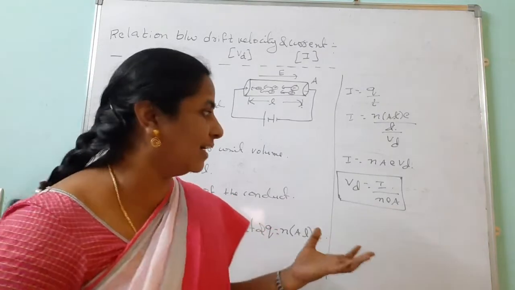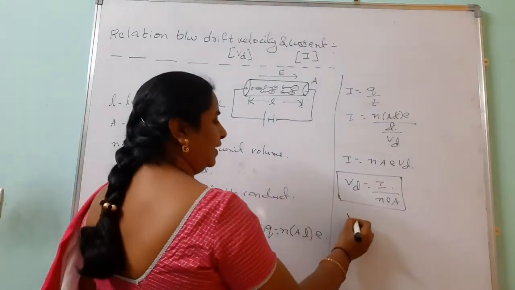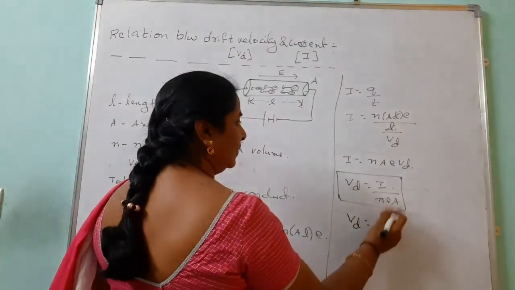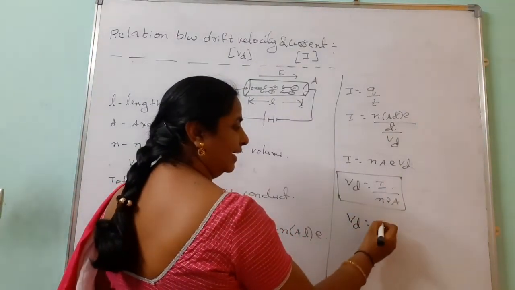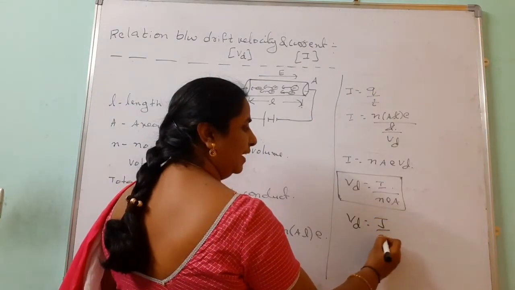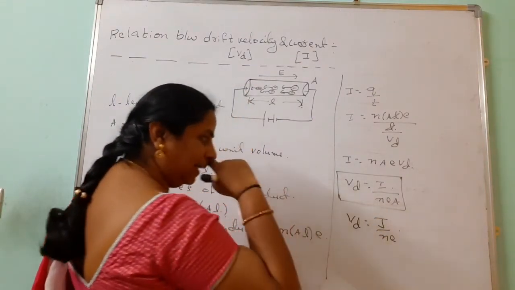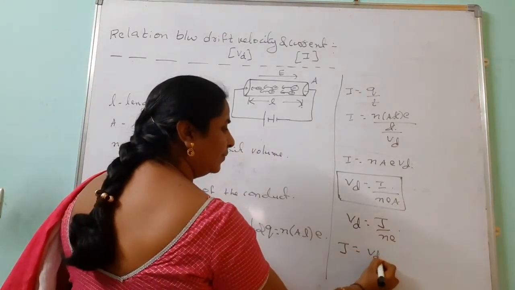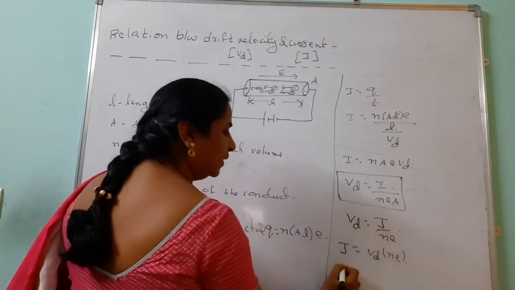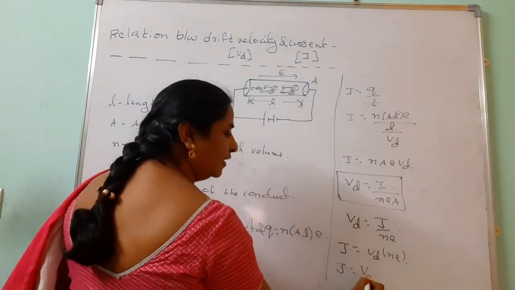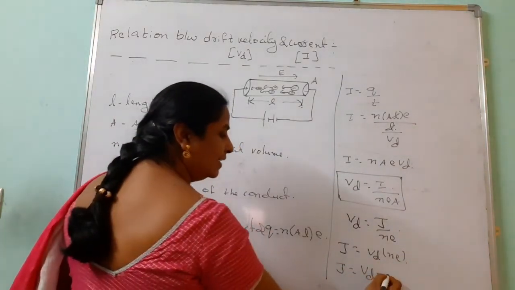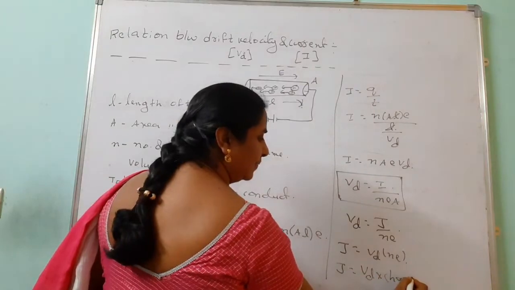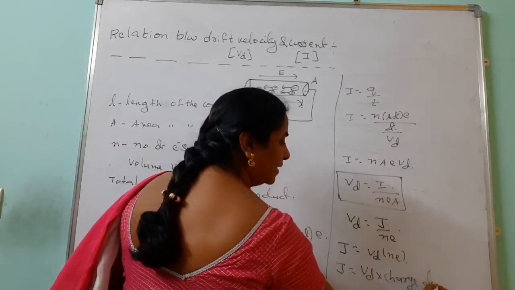Current density is the current per unit area. Vd equals I by A, that is, current density J by ne. From this, J equals Vd into ne. It is the product of drift velocity and ne, which is the charge density.